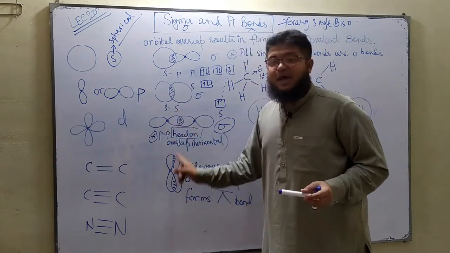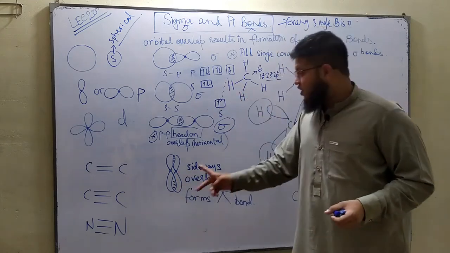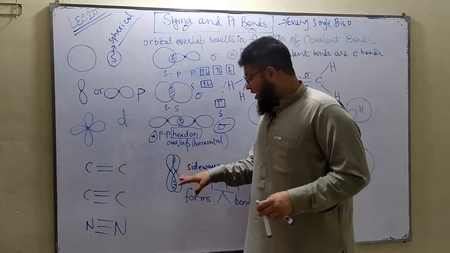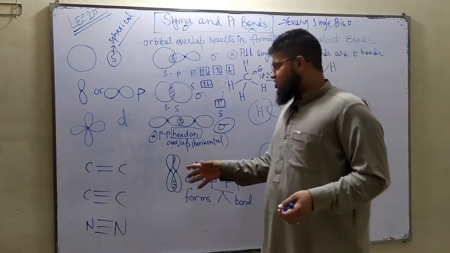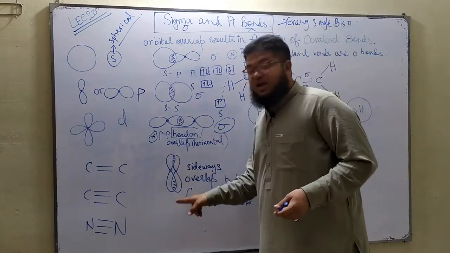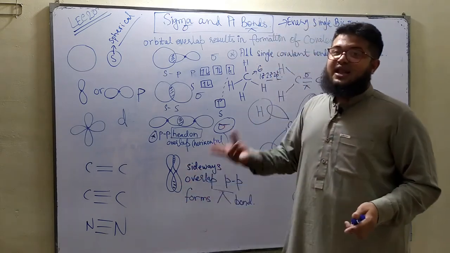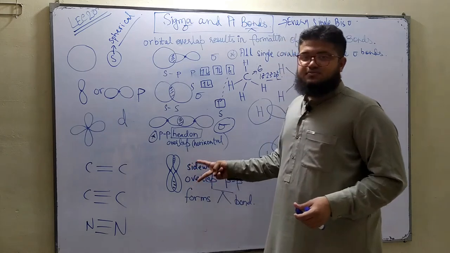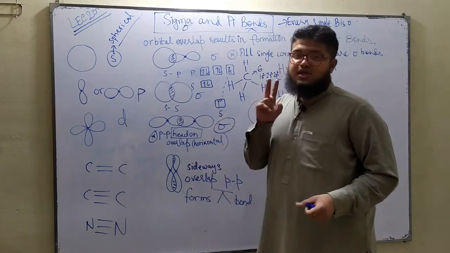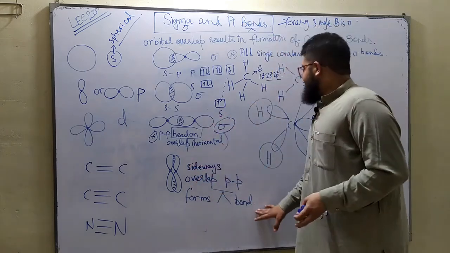Over here, the region of overlap has been dispersed in two different places and the overlap is not very strong. And plus, you've got the nuclei as well, so the nuclei might be repelling each other. But anyway, it's the overlap that contains the electrons, right? So sigma bonds are stronger than pi bonds in terms of strength.